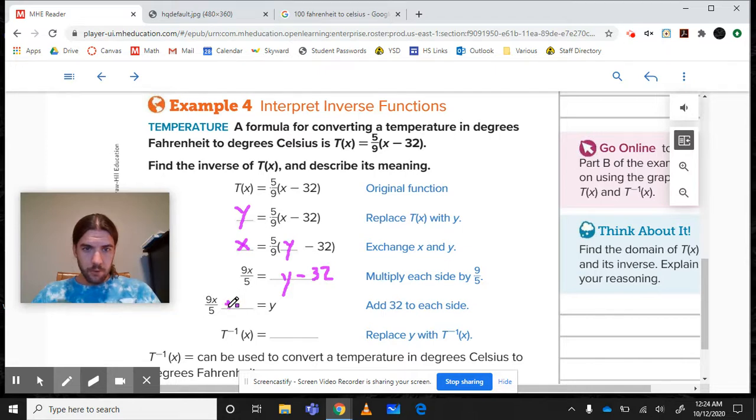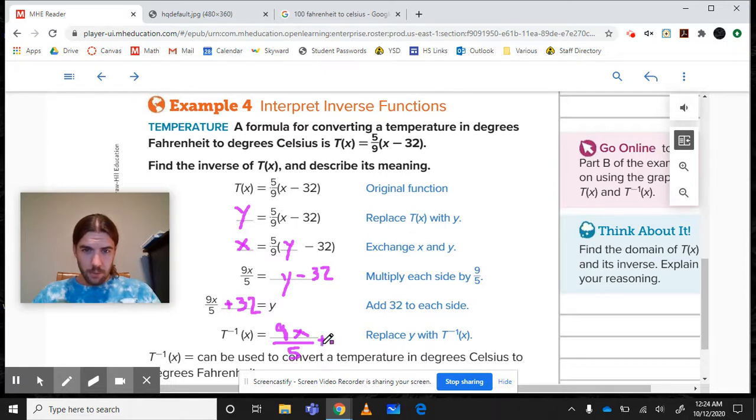So for some European who's on the other side of the ocean wondering, how do I get to Fahrenheit? We could tell them, well, it's easy. You're just going to take your little weird Celsius number. You're going to multiply it by 9, divide it by 5, and then add 32.